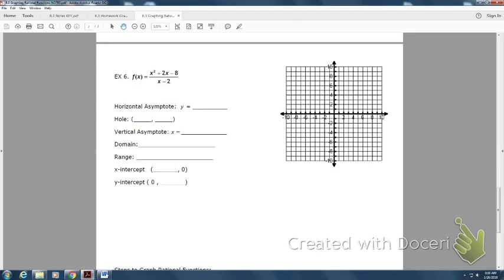I want you to attempt this one, and I'll be a couple minutes behind you. Because the degree of the numerator is greater than the denominator, you should have found that there was no horizontal asymptote.